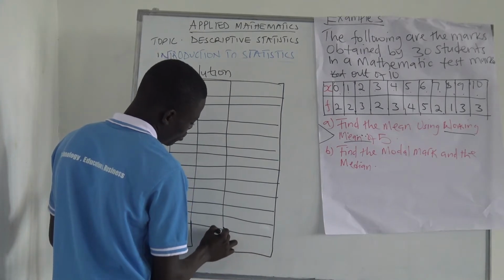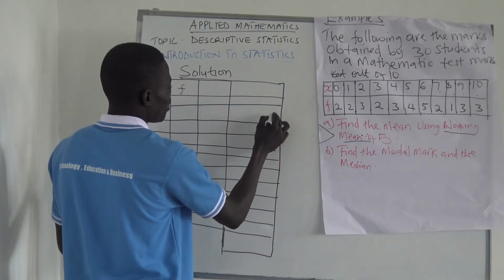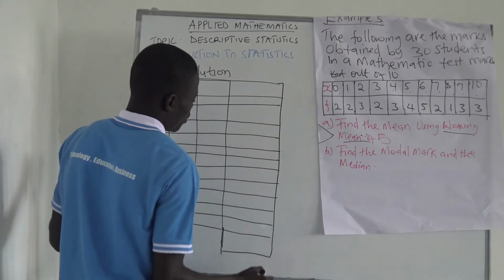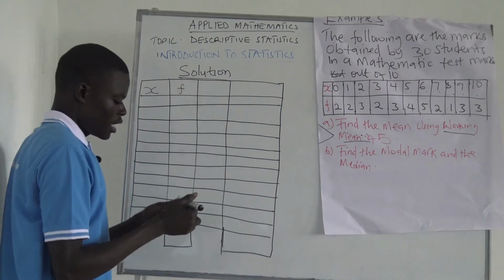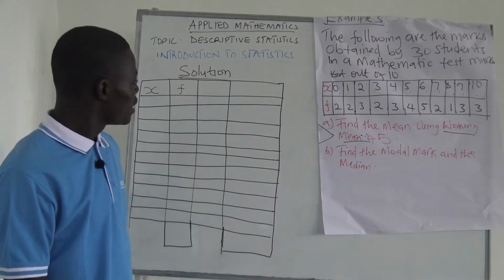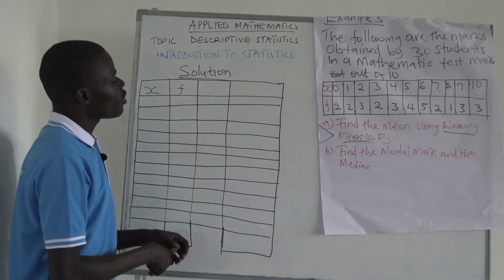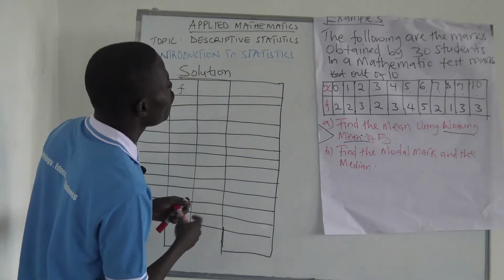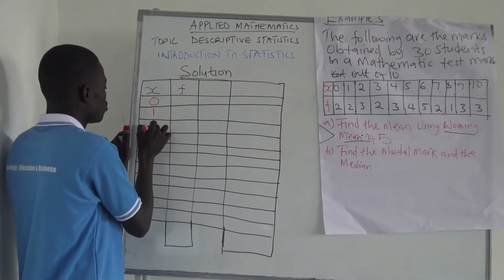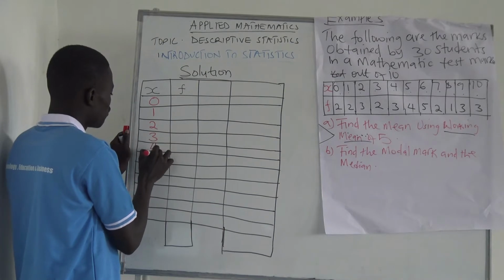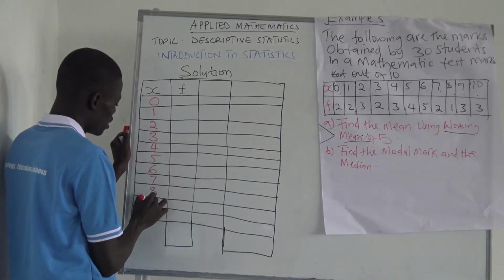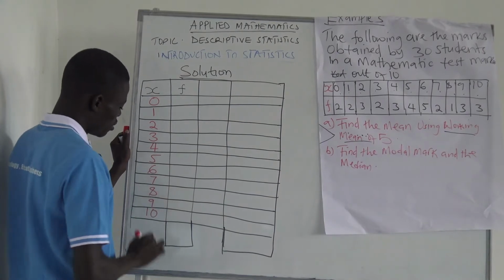Make sure to use the straight line. So use the what? The straight line. So we have the values of x ranging from 0, 1, 2, 3, 4, 5, 6, 7, 8, 9, 10.